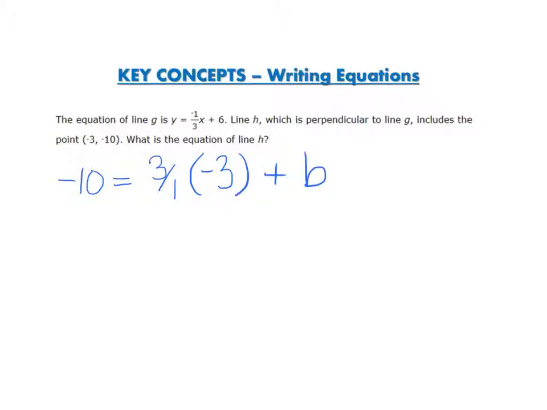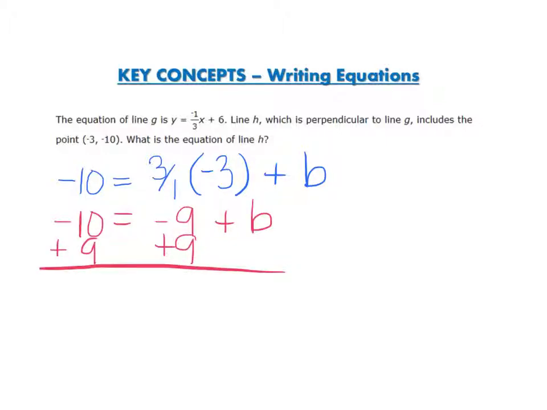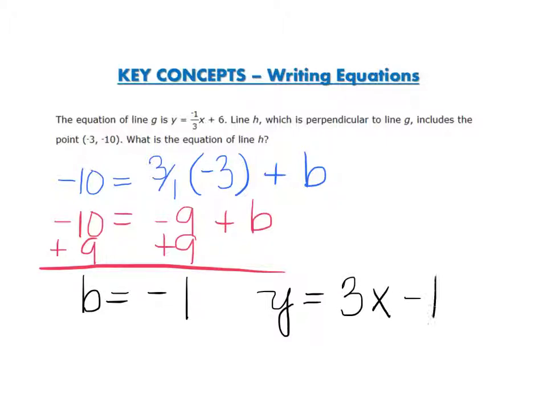We need to solve for the y-intercept. I have negative 10 equals 3 times negative 3, which is negative 9, plus b. Add 9 to both sides. That gives me b equals negative 1. So my new equation is y equals 3x minus 1.